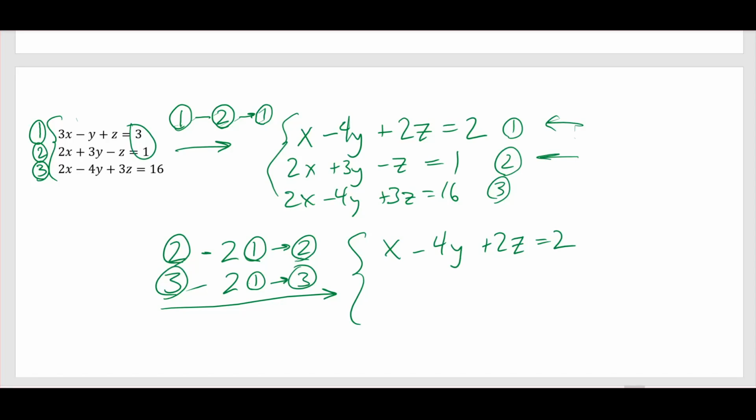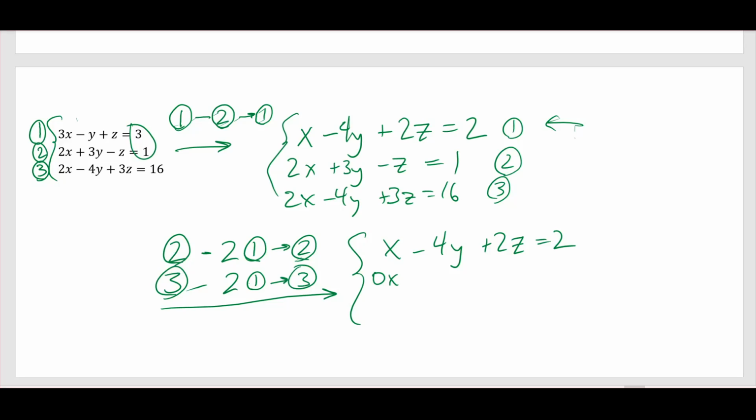So we've got row 2 is 2x minus 2 times row 1, so that's going to be, well, 2 minus 2 is going to give us 0, which is exactly what we wanted. So, maybe we can just write that in there just to be complete. Maybe we don't have to carry that 0 forward in the future steps, but let's just write it there for now.